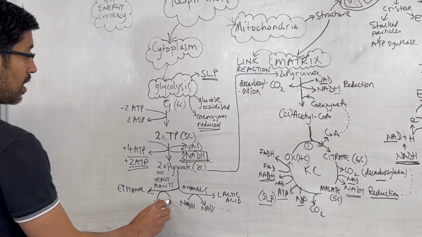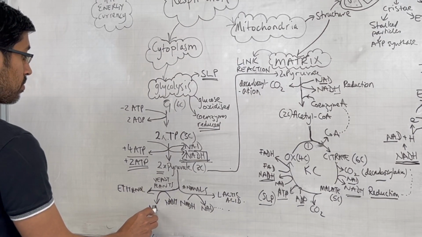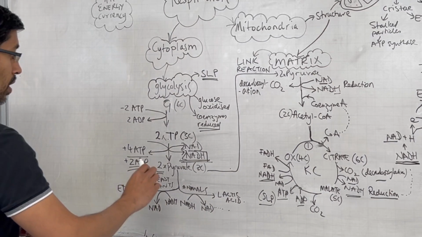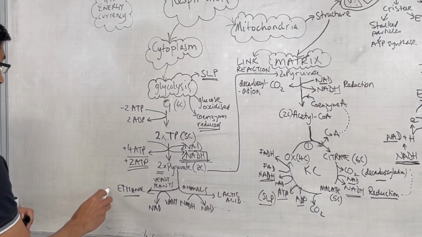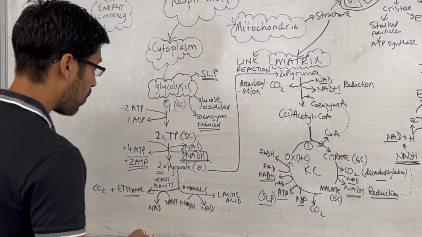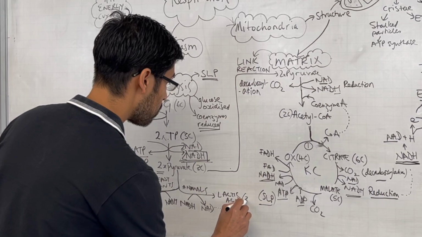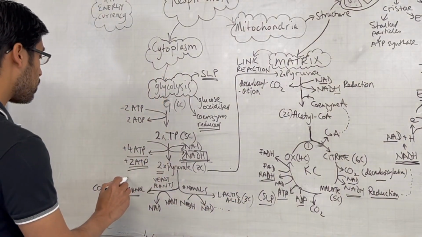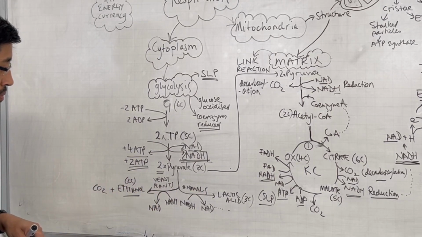We're taking NADH and returning it to its oxidized form. Oh wait a minute, ethanol plus CO2. Right, yes, lactic acid is still 3 carbons, so we don't get any loss of CO2 there. But ethanol is a 2 carbon molecule, and so we have a decarboxylation step in that process as well.